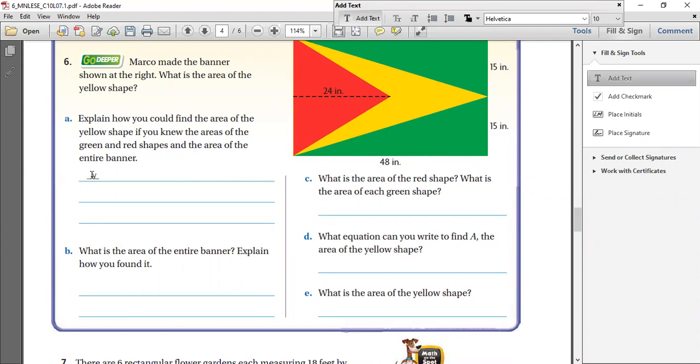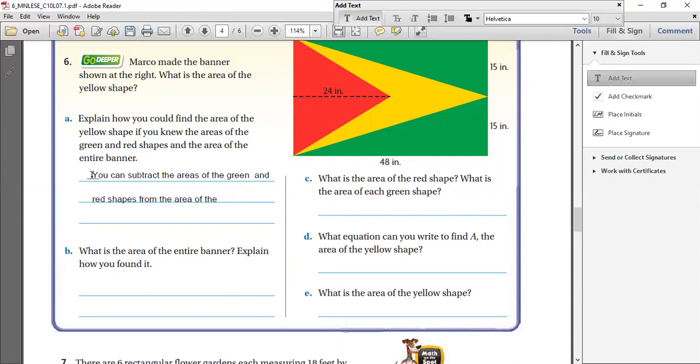So let's write this. We can subtract the areas of the green and red shapes from the total area of the banner.